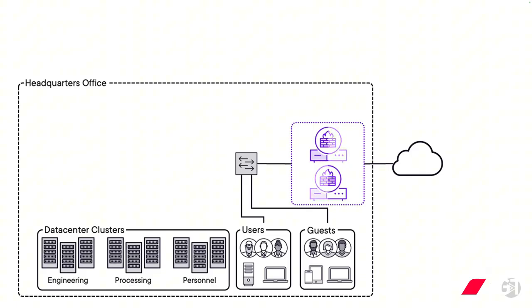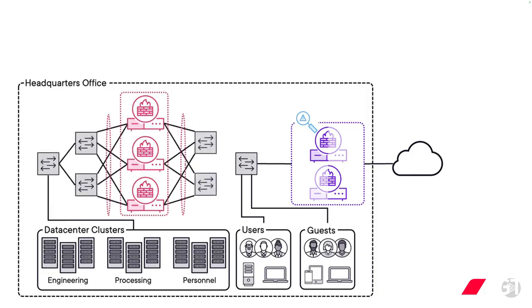And remember that with active-active, each firewall is only active for one context while it is standing by for the other context. This firewall is connected to the internet, and since this is the headquarters office, they've invested in the firepower module to get next-generation firewall features. And the data center clusters connect to the core switch, which are then processed through a cluster of ASAs, each with their own contexts.